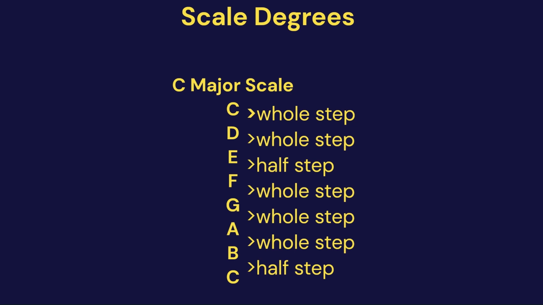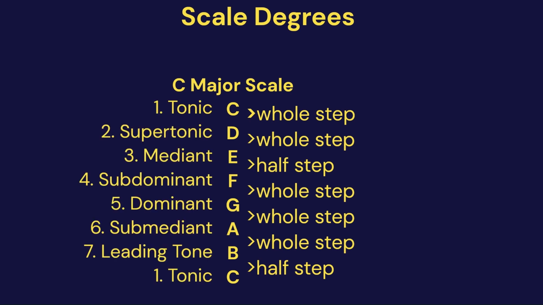Now, when it comes to scale degrees, this is the part where we're going to be putting numbers on each of the notes that are played, the scale degrees. As you already know, C is going to be the tonic, because tonic is basically the first note you play on a scale of a key signature.